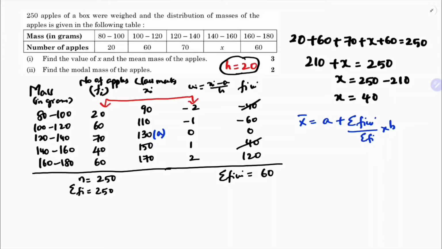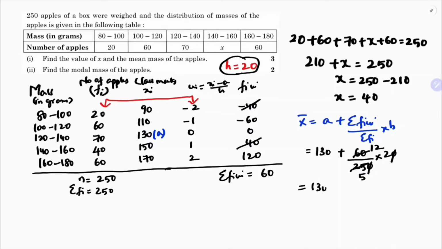Now substitute all the values in the formula. A value is 130. Sigma Fi Ui is 60 by sigma Fi, which is 250, into H, which is 20. See here 0 and 0, and 25, 5 times 5, 5 times 12.